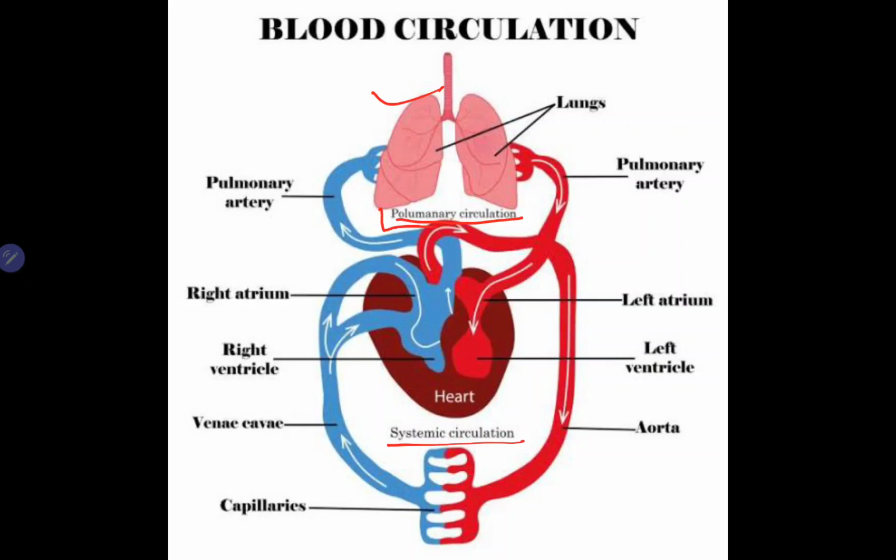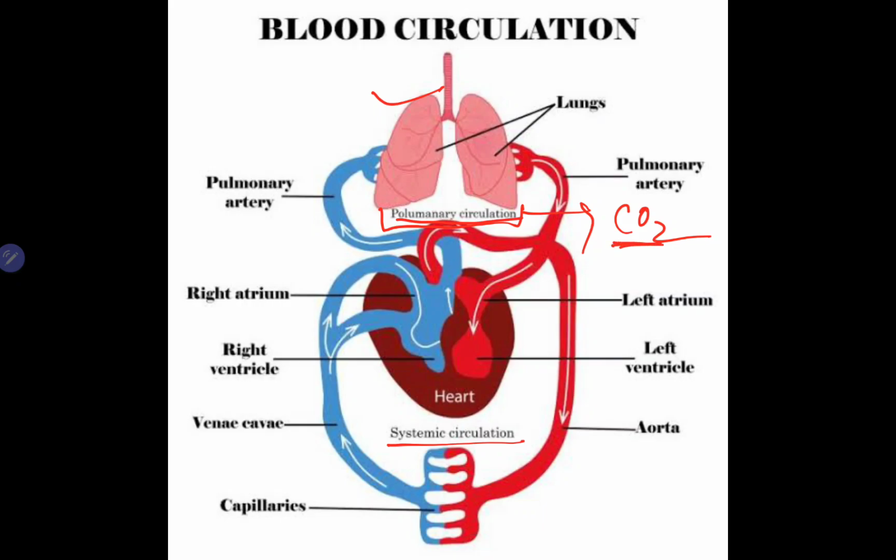Now, if we talk about pulmonary circulation, how is it responsible for your body? Pulmonary circulation is the portion of circulation responsible for carrying deoxygenated blood away from the heart. Where does this deoxygenated blood go?